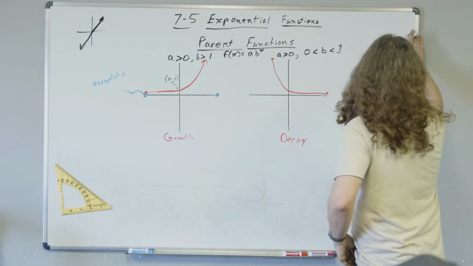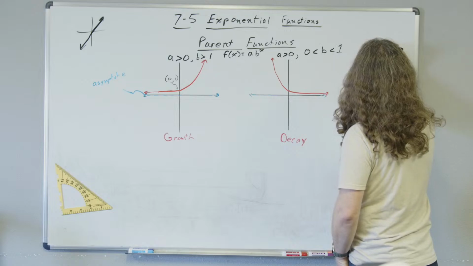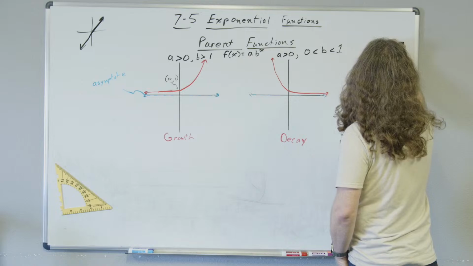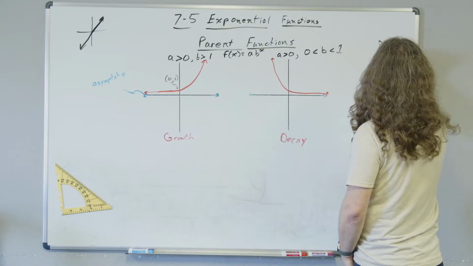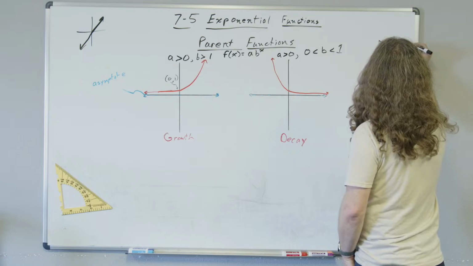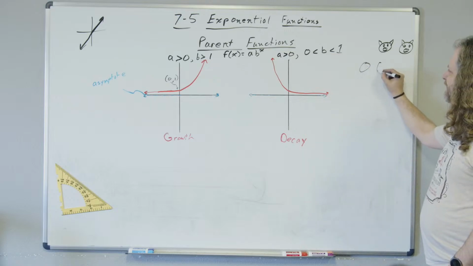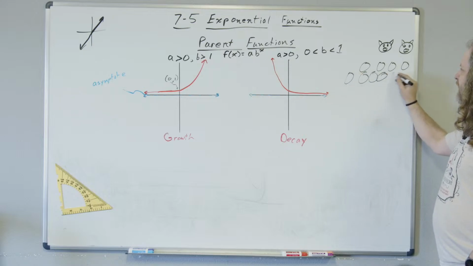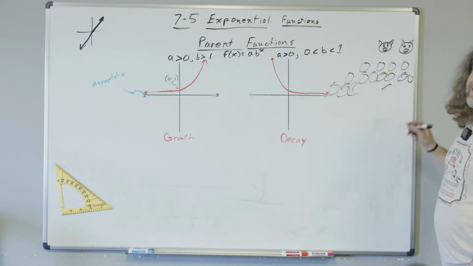So if I have whatever this animal is, if I have some pigs, and I have a couple pigs, and then they have more pigs, and then they have more pigs, and then they have more pigs.